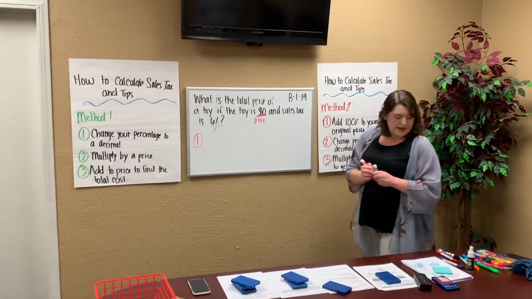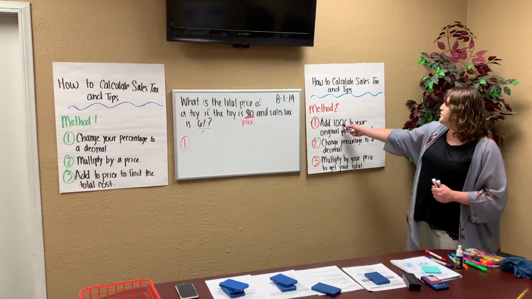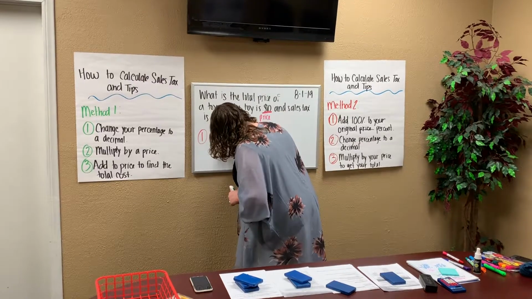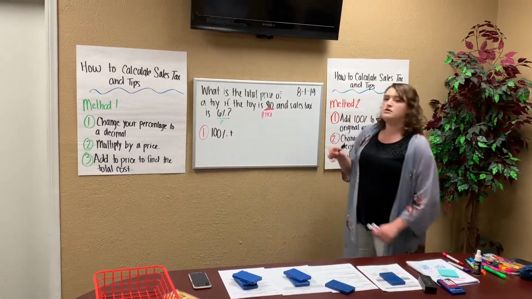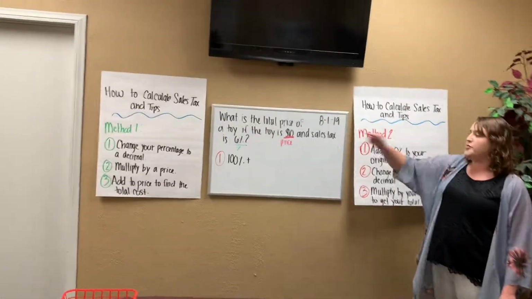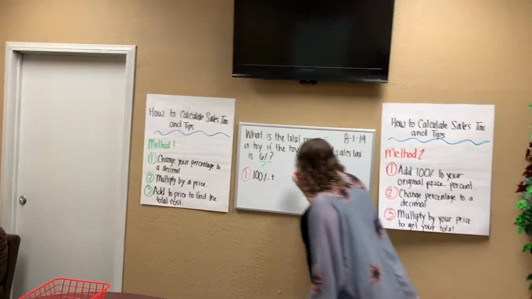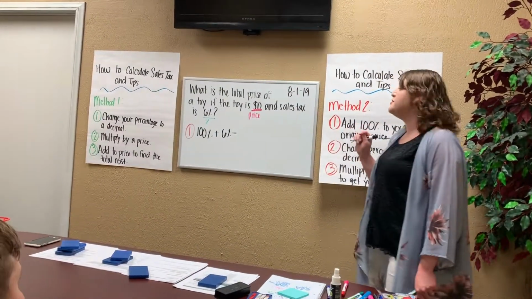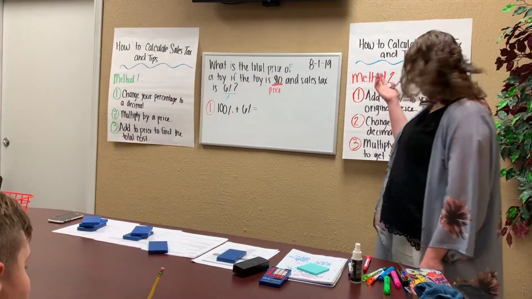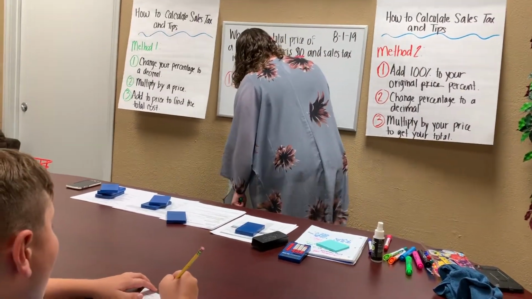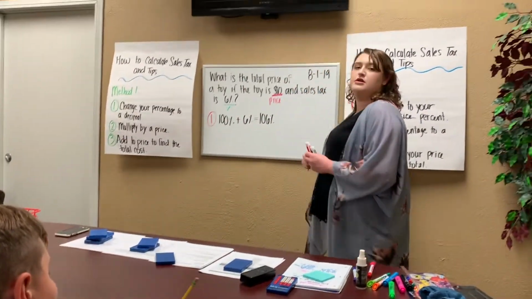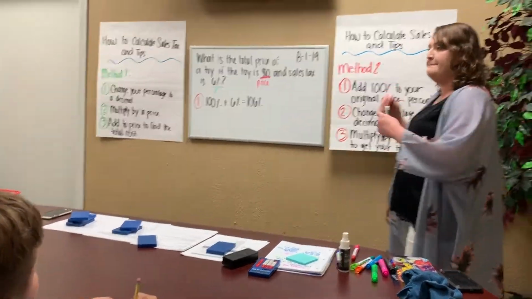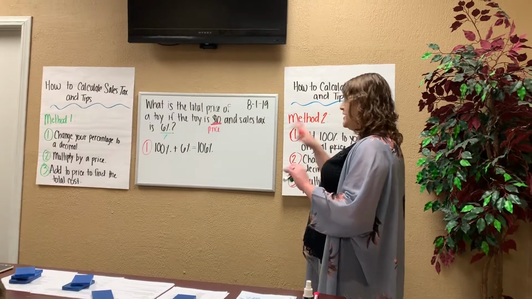So the first step is I need to take 100% and add it to what percent? 6%. So what's 100% plus 6%? 106%. Are you okay with that? Any questions there? Was that easy for your first step?